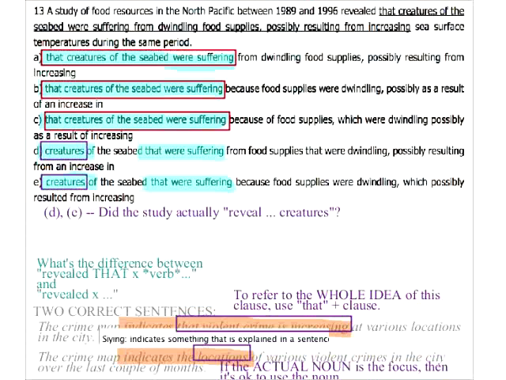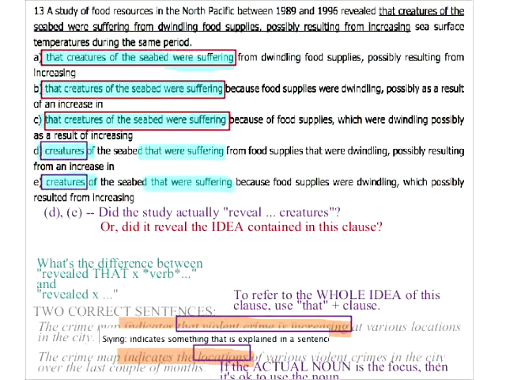The question you have to ask yourself, like a lot of other things tested on this exam, is a question of meaning. Is the meaning of the sentence the noun, or is the meaning of the sentence the whole idea of that red thing? Did it actually reveal creatures, or did it reveal the idea contained in this clause?